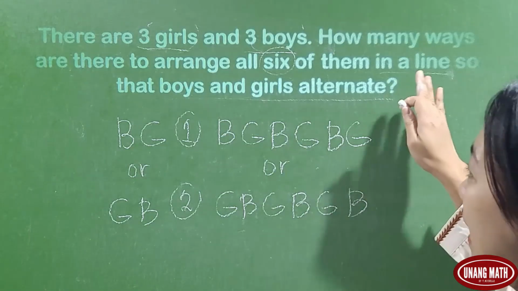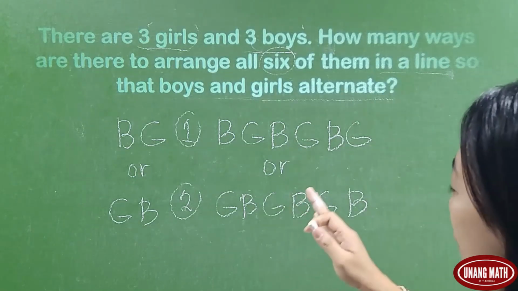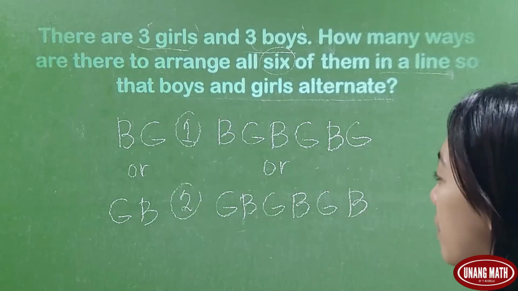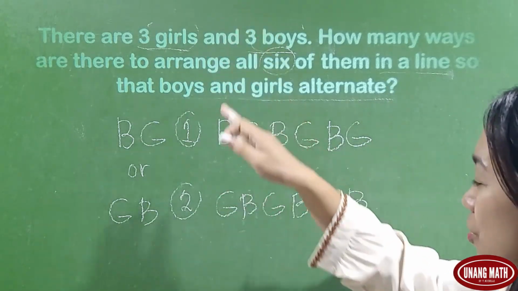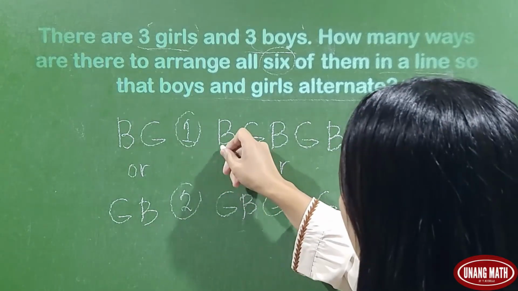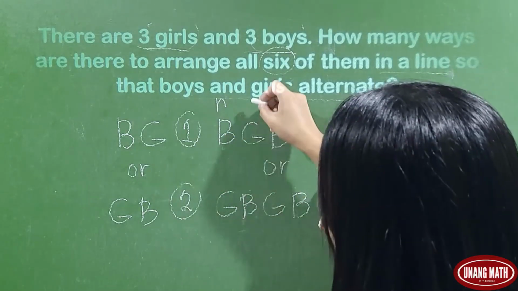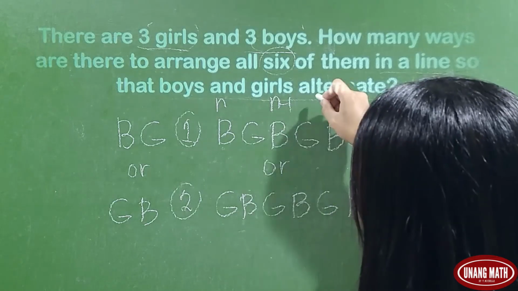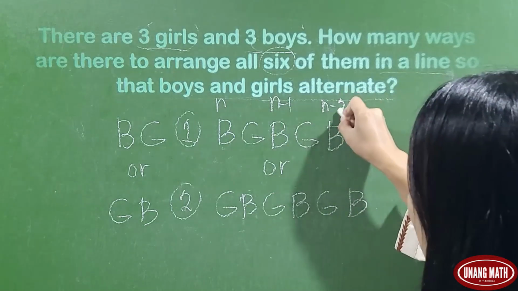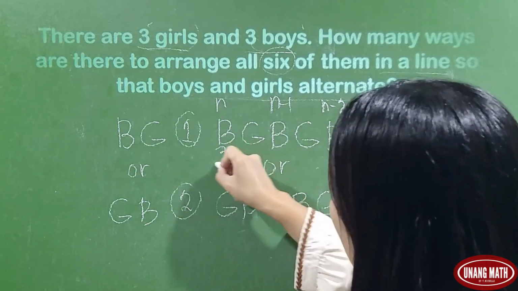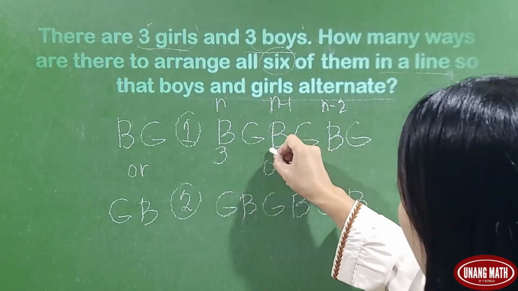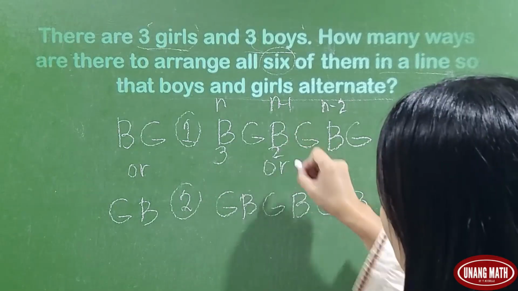Now to find how many ways there are to arrange all these 6, we have to find the outcomes in each column. So this is like our n, this is n minus 1, and this is n minus 2. So the outcome here is 3. What about here? 3 minus 1, so this is 2.